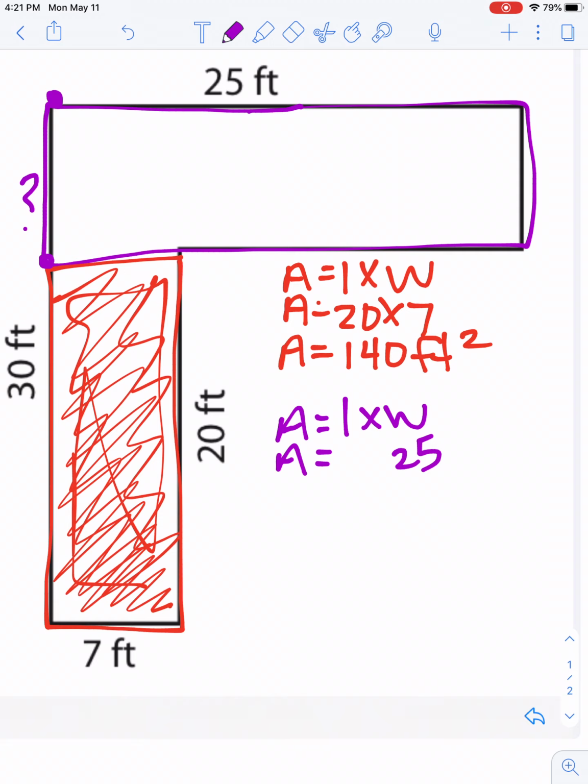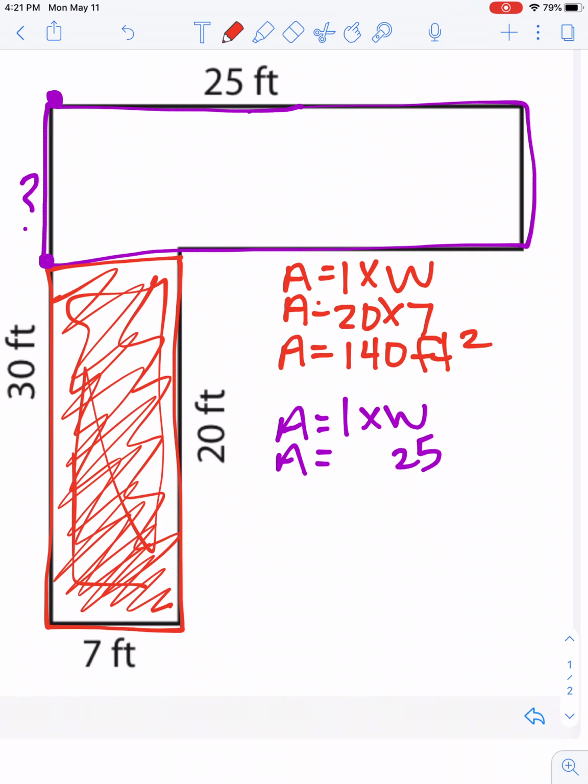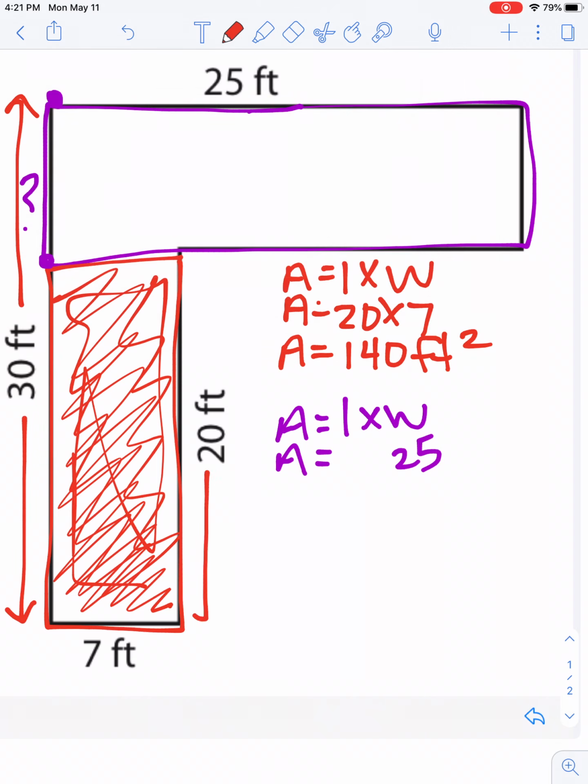We look at our whole shape, we know that this whole length is 30 feet. We know that this whole length is 20 feet. So we need to figure out, what's the missing length?